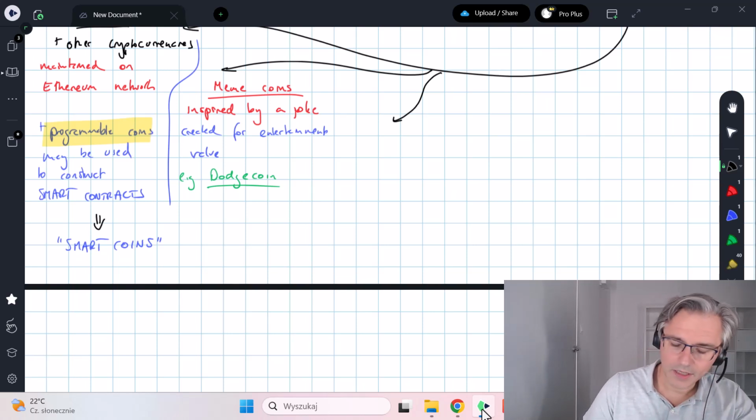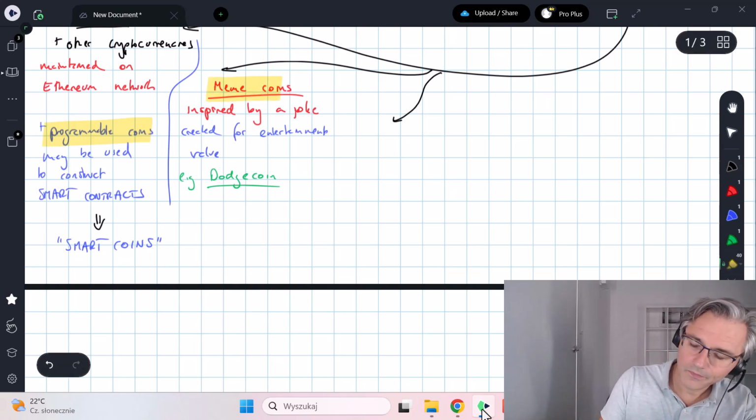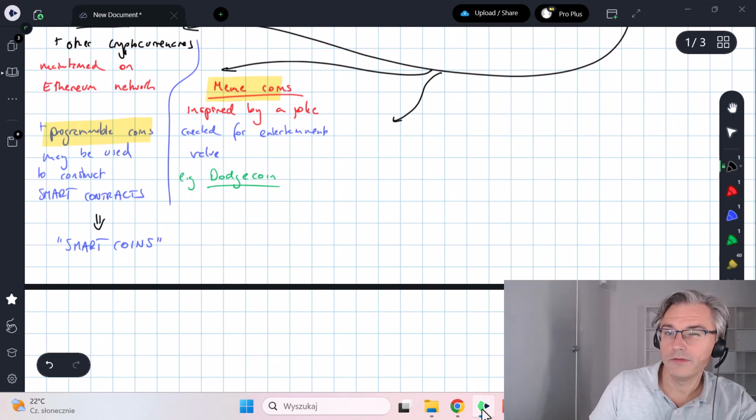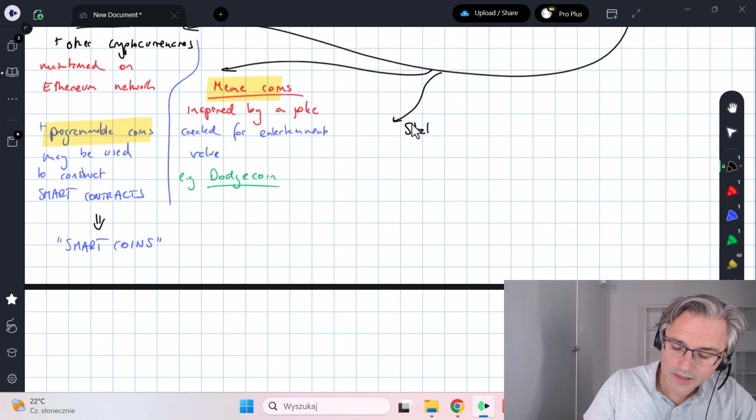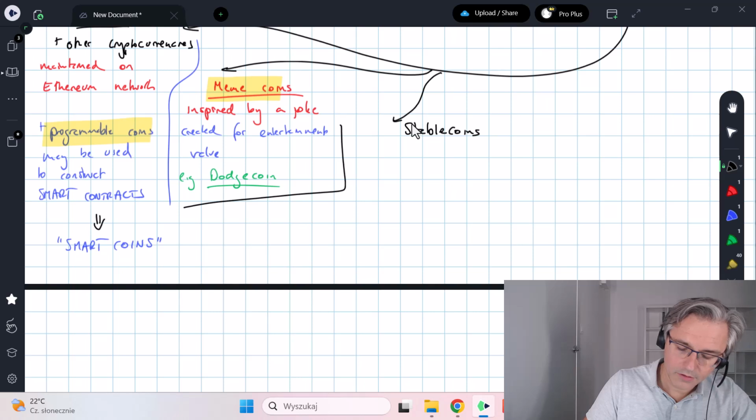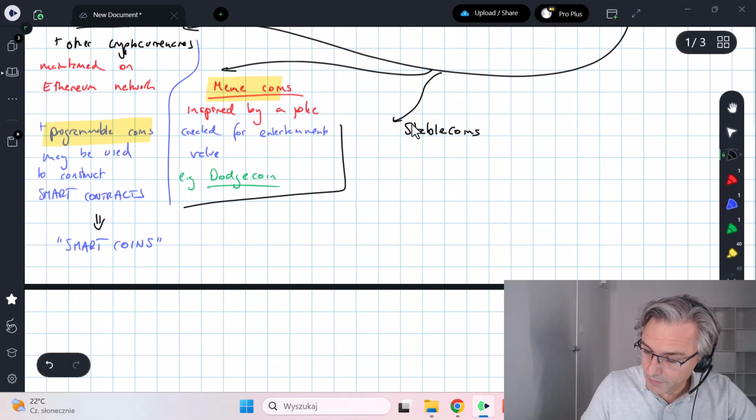Now, let's put that aside, meme coins. But the one I want to focus on, or the one you want to know a little bit more about, is stable coins. Because this sounds pretty good, and it should be, although it doesn't always work out.